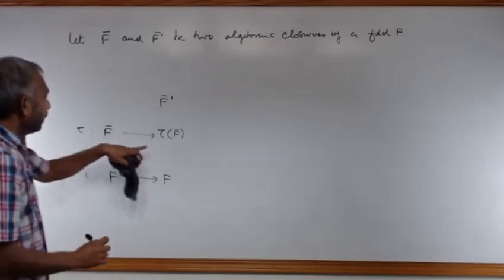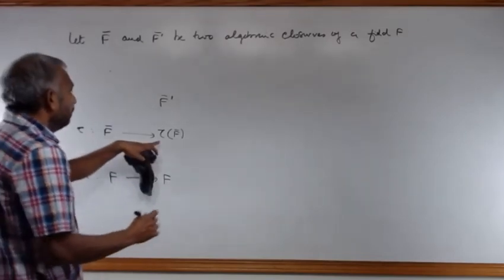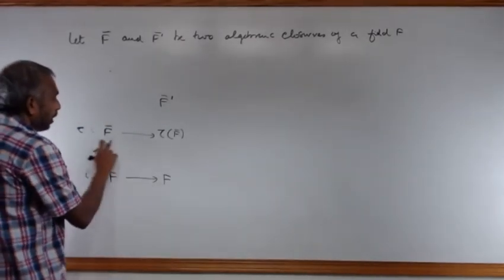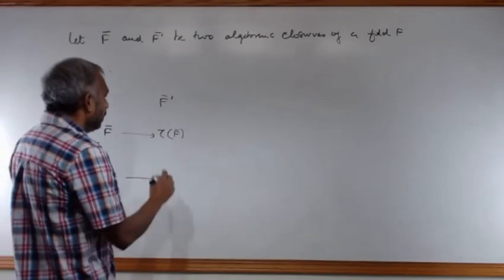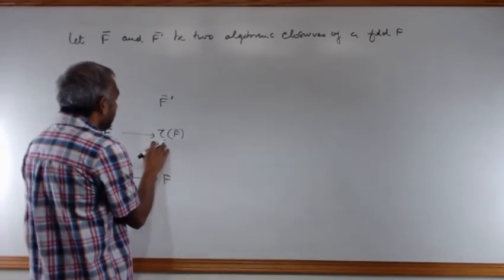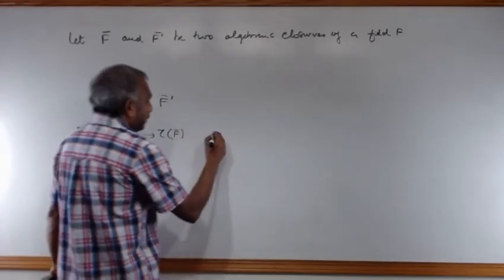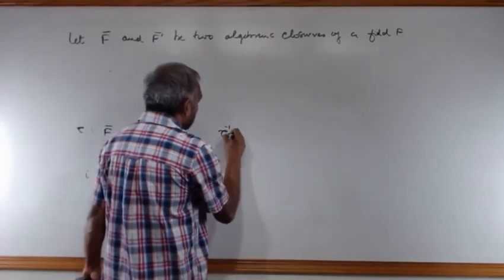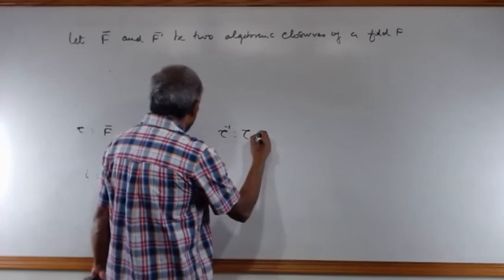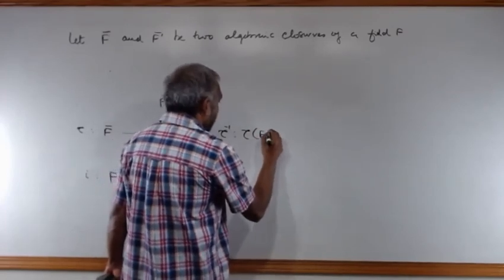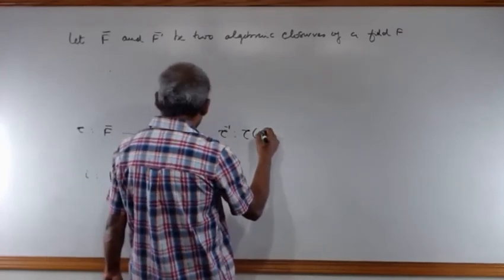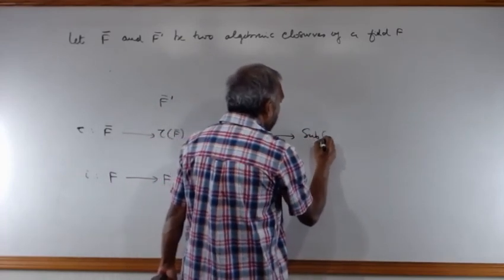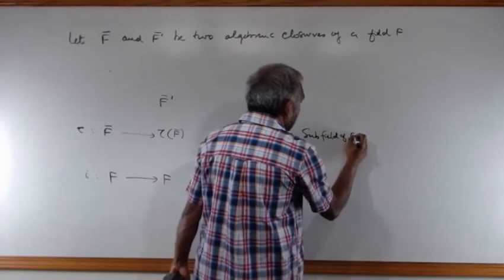But here, tau is an onto isomorphism. So consider the inverse. The inverse is actually coming from tau of F prime to a subfield of F closure.